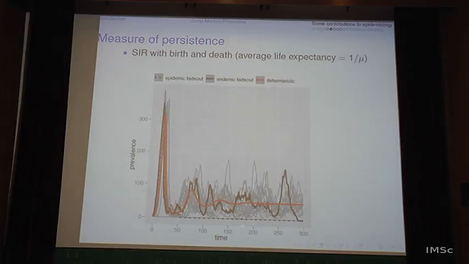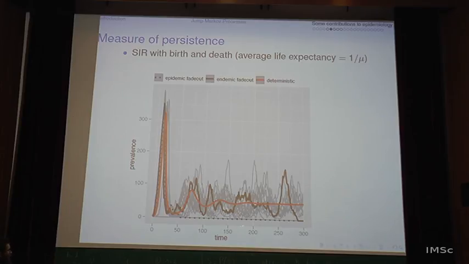If I simulate this kind of model in a deterministic setting, I usually obtain one big epidemic at the beginning, and then some damped oscillations. When I simulate the same thing with the stochastic model, I have many trajectories, and what I see here, for instance, is recurrent epidemics that at some point go extinct. Intuitively, the longer my disease lasts in this population, we can maybe consider that this population is above the CCS.